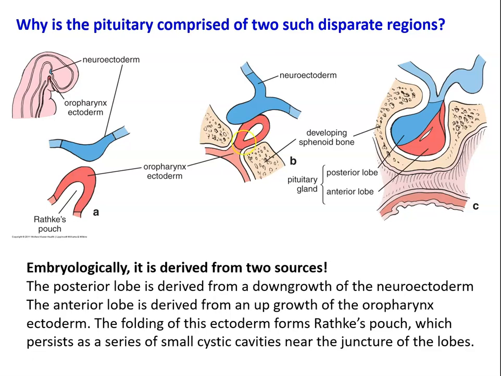The oropharynx loses its connection to this portion of the pituitary that's going to become the anterior lobe, whereas the posterior lobe portion retains its connection, and you can see that here.